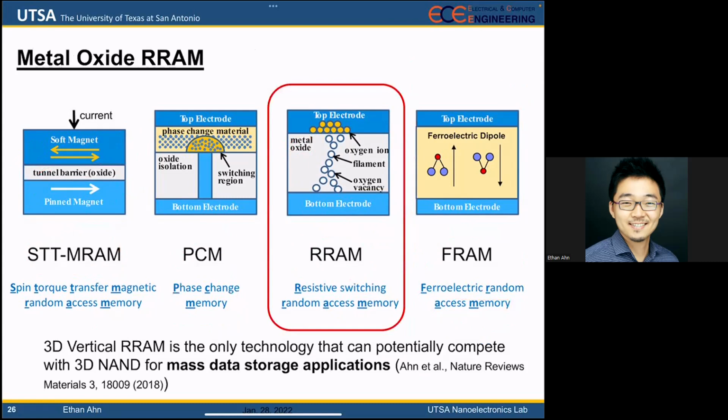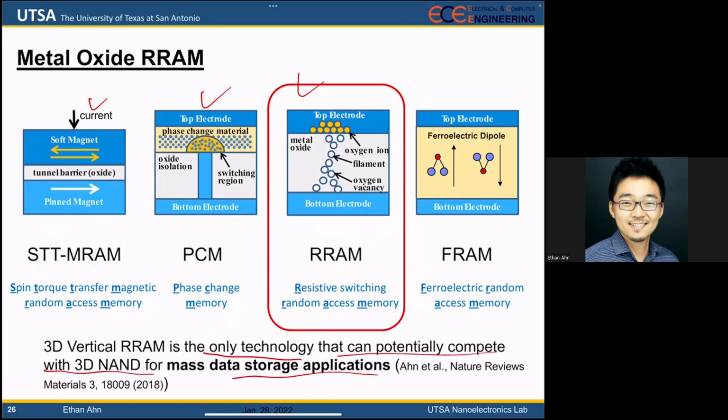Right. So for the remaining time, I plan to talk about each technology here, RRAM, PCM, STT-MRAM, because those are the technologies that I'm currently working on. So for RRAM, this is basically the only technology that can potentially compete with 3D NAND for mass data storage applications.